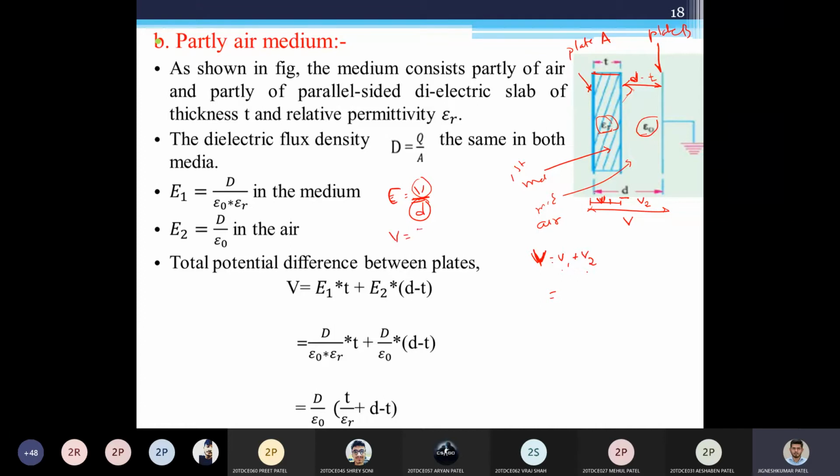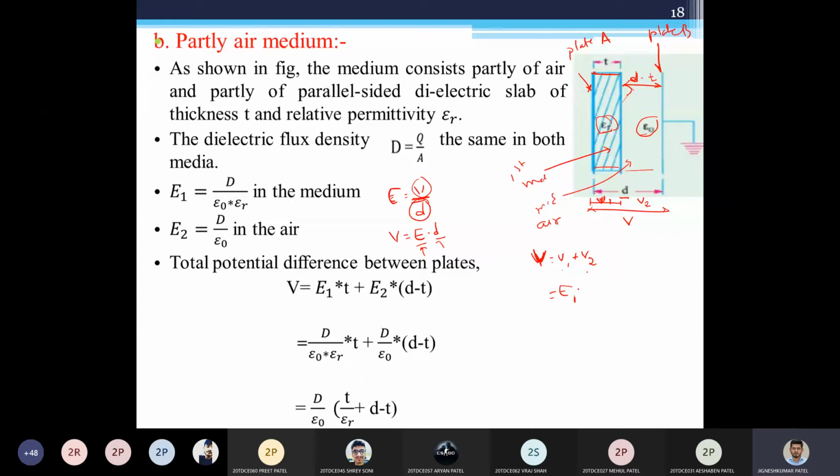So I can put V is equal to E into D, where D is the thickness of the media, or you can say distance, and E is the electrical field strength. So I am going to put the V1 value using this equation. Here V1 is nothing but E1, because the stresses in this media and this media will be different.